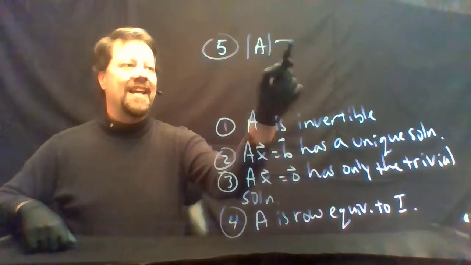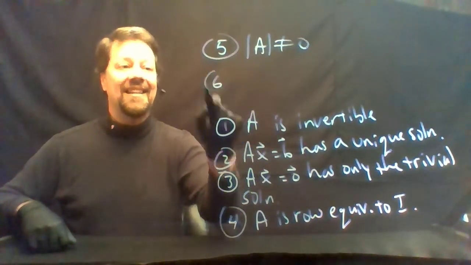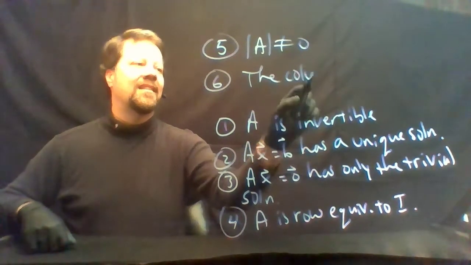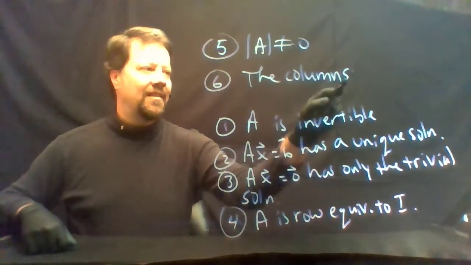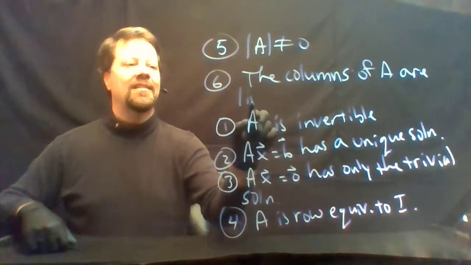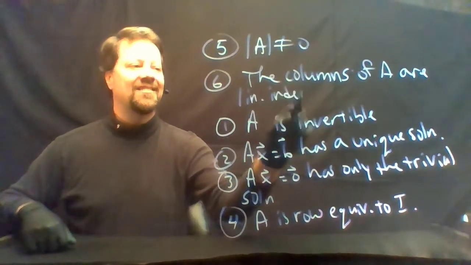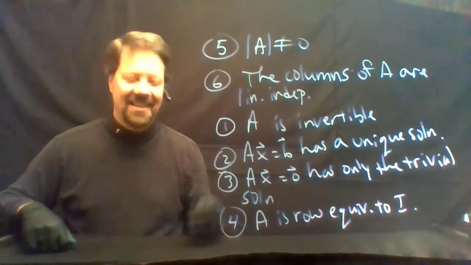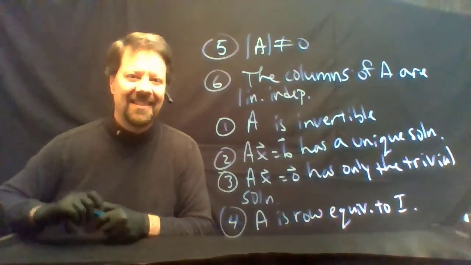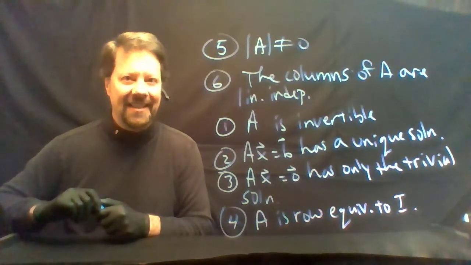The determinant of A is not 0, and now finally, the columns of A are linearly independent. We have 6 items that are logically equivalent, and we are not done adding to this list.